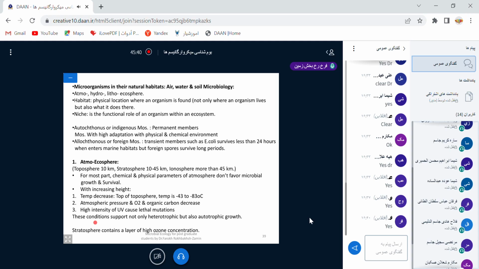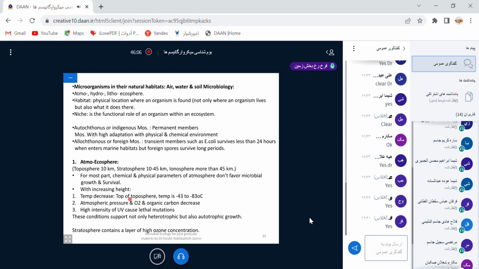So these conditions do not support heterotrophic or autotrophic life. So atmosphere is not a good place for growing and multiplication of microbes. Only maybe it can be used for transfer from one part to another part.